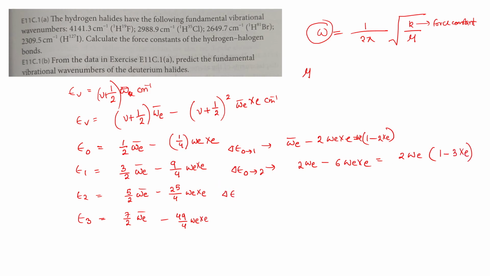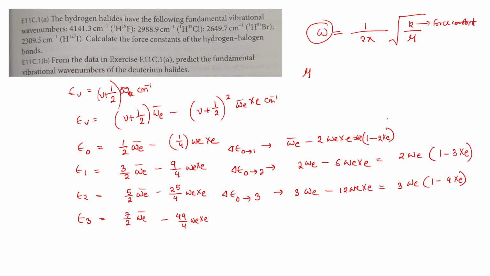And if you go for 0 to 3, we'll get 3 ωe minus 12 ωexe. If you take 3 ωe common, 1 minus 4xe.